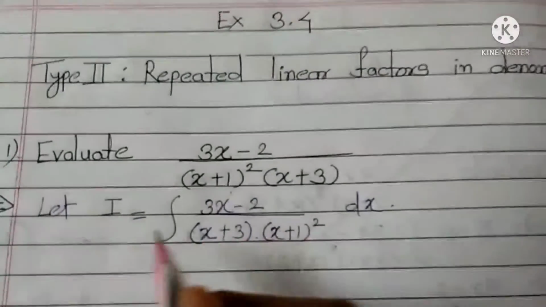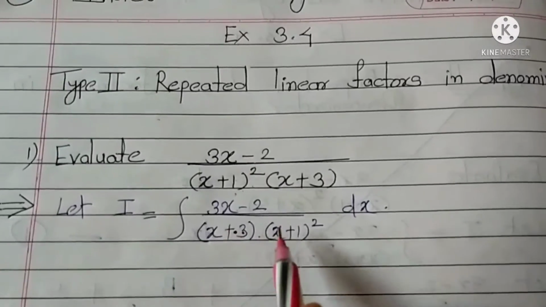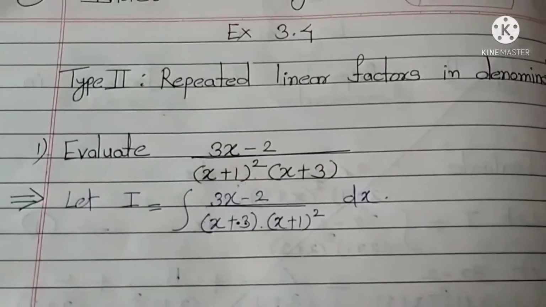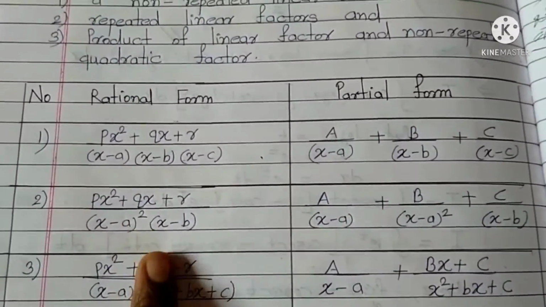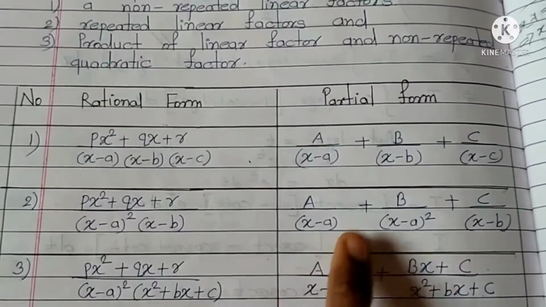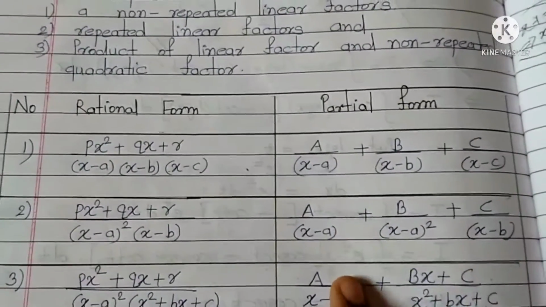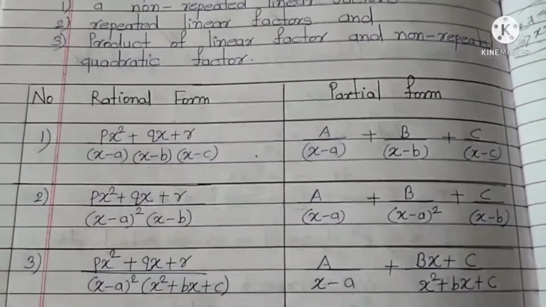Now this is our rational form, so we convert it into partial form. In the previous lecture we discussed converting rational form into partial form. So this is our partial form: a upon the first factor, b upon the second factor plus c upon the third factor.